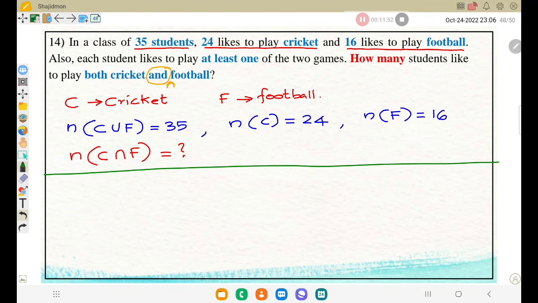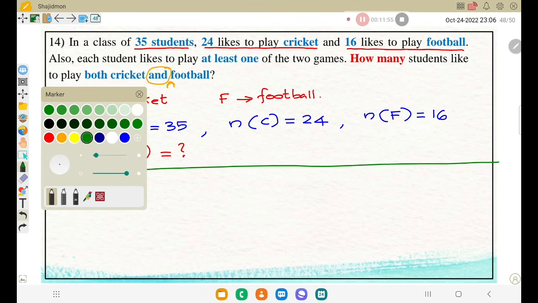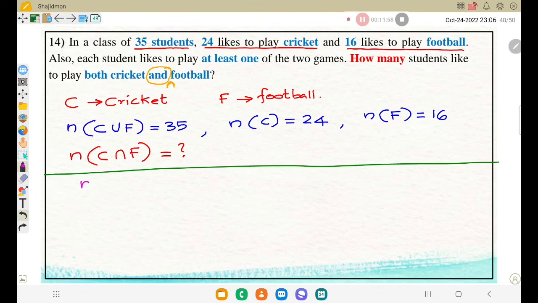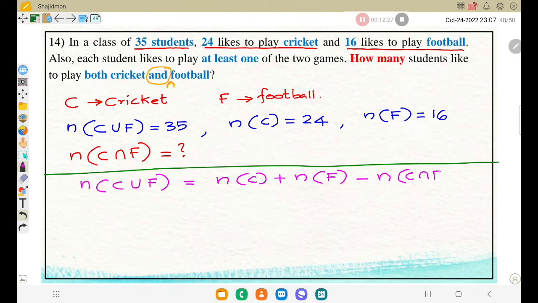And means intersection. So again we are writing the same rule we used just before. Number of A union B equals. A union B means here which letters we are using instead of A and B. A means we can use C, union B means F. So C union F equals number of cricket plus number of football minus number of both, C intersection F. Now apply the numbers.